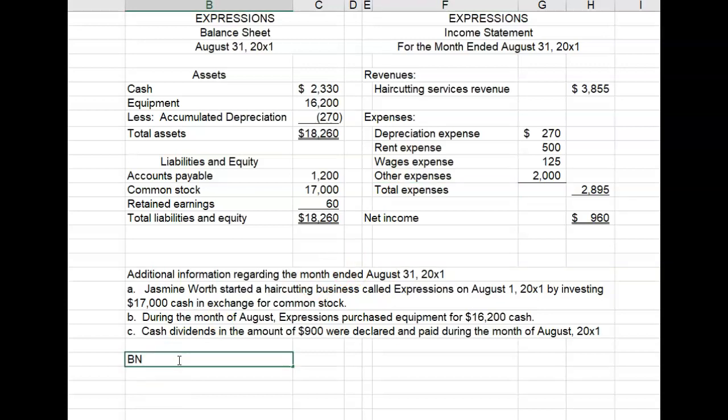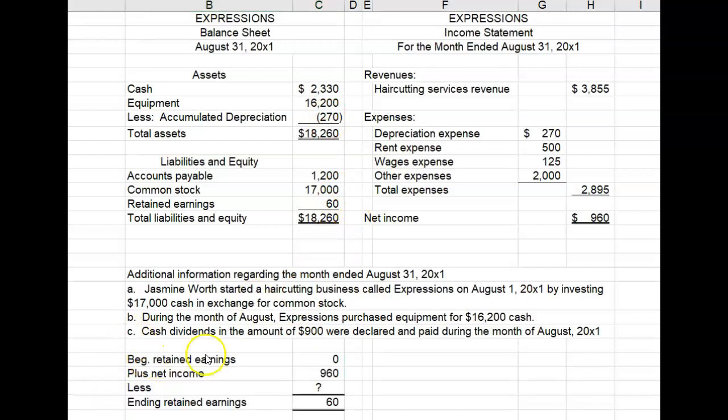Beginning retained earnings of 0, because the beginning balance sheet had zeros all the way down. It's a brand new company. Beginning retained earnings of 0 plus net income of $960 minus what equals the ending retained earnings balance of $60.